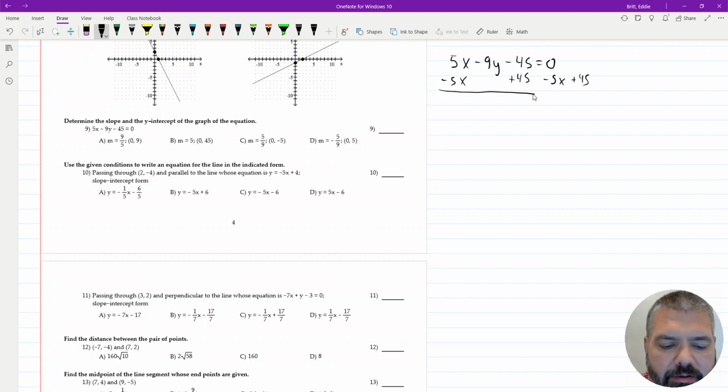So let's see what that does. Gets rid of my x, gets rid of my constant. I'm left with negative 9y equals negative 5x plus 45. Now I want to get my y by itself. I want to make it y equals. So I divide everything by negative 9.